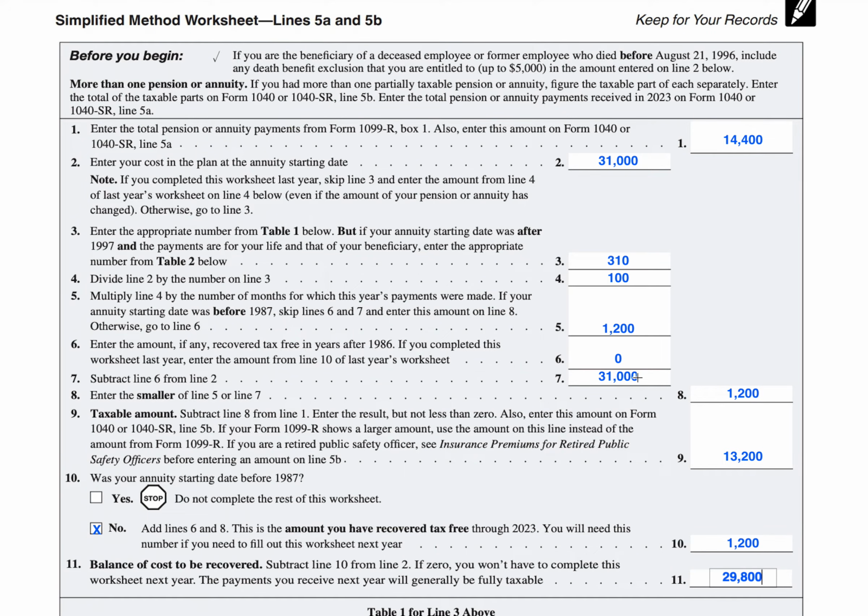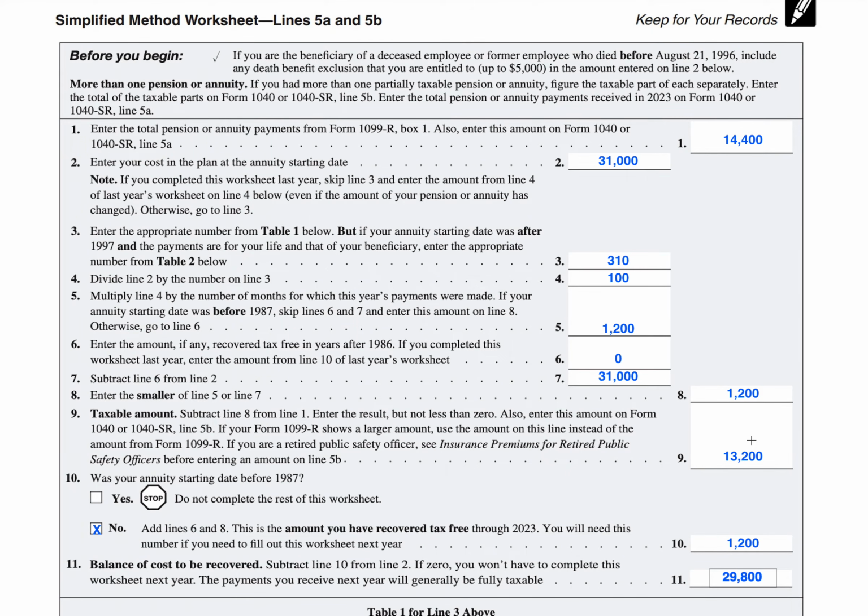So now we're going to enter the smaller of the $1,200 of payments or the remaining amount of the annuity, which is the full $31,000. So of course the smaller amount is $1,200. Now we're going to subtract this from the full amount of payments, the $14,400. And this means that the $13,200 is taxable income.